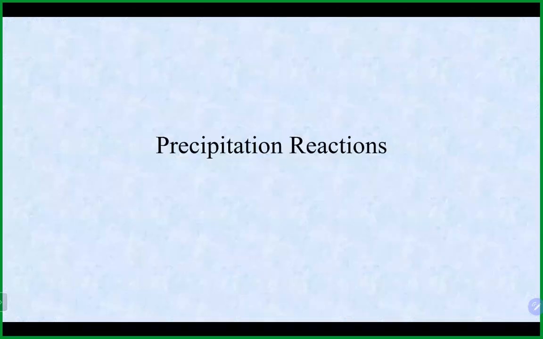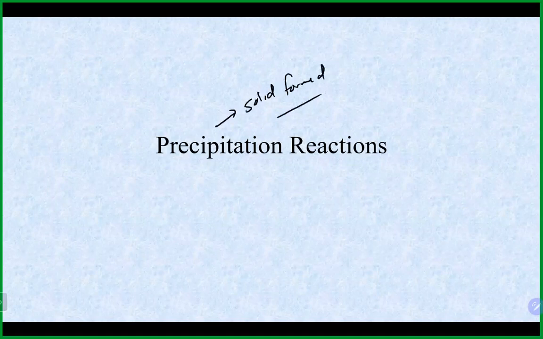All right, so let's talk about precipitation reactions. Once again, a precipitate is really a solid being formed, and that is one of the reasons why a reaction takes place. A precipitation reaction is a more specific classification of what we were talking about earlier, the double displacement reaction.